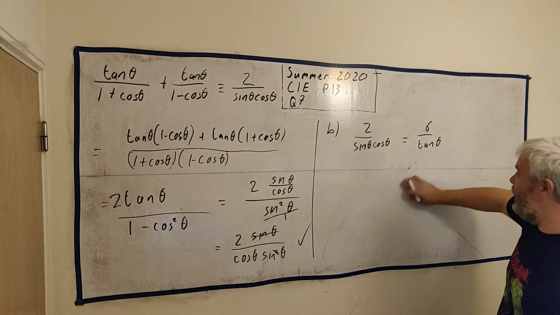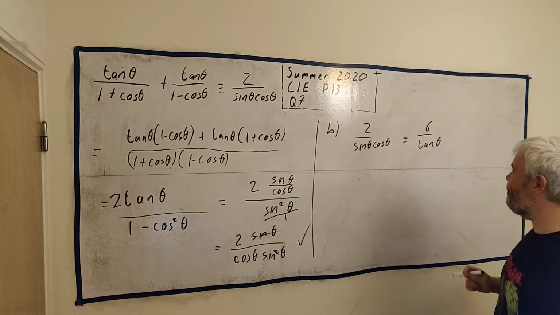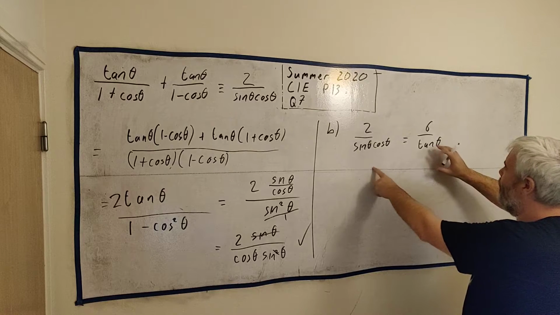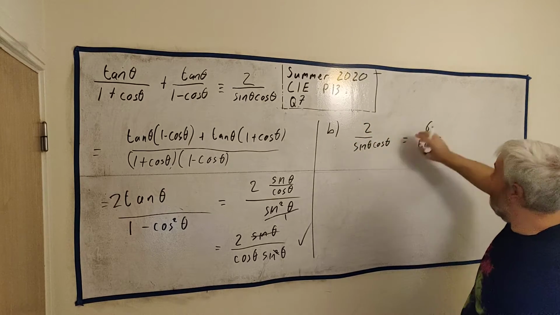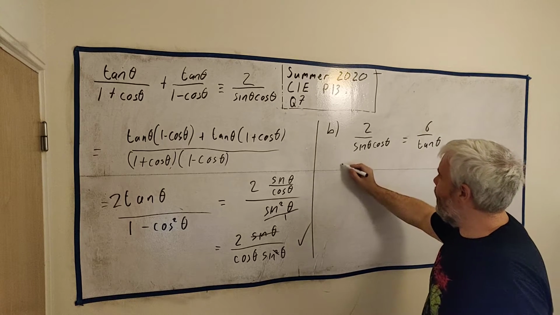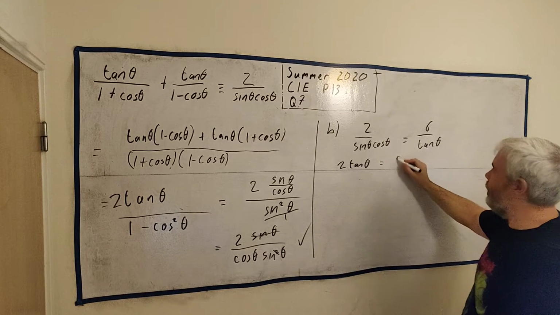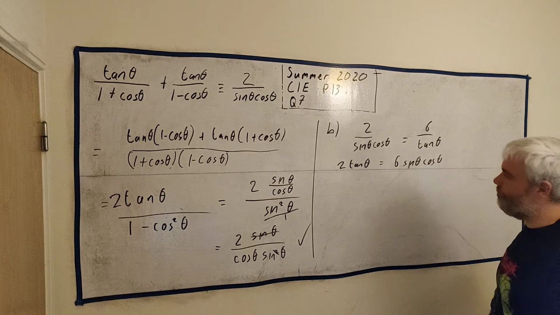This is just a trigonometric equation. Let's multiply both sides by tan theta. Move it up here. So we get 2 times tan theta is equal to 6 times sine theta cosine theta.